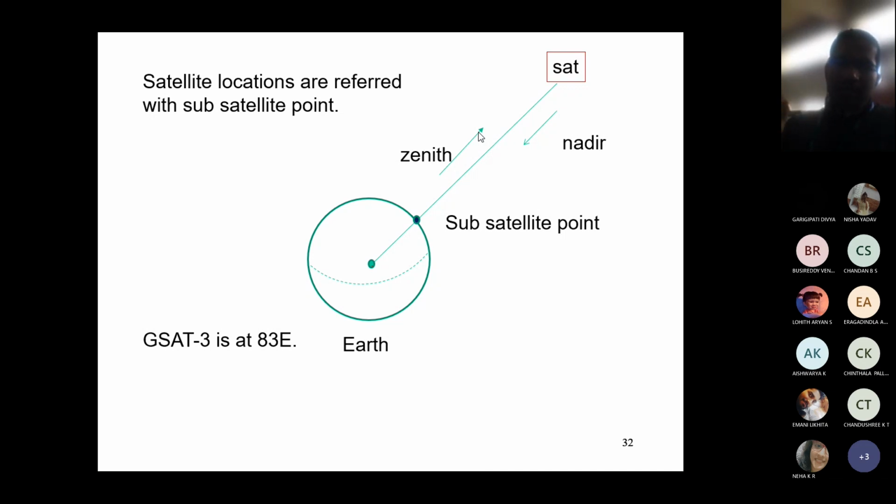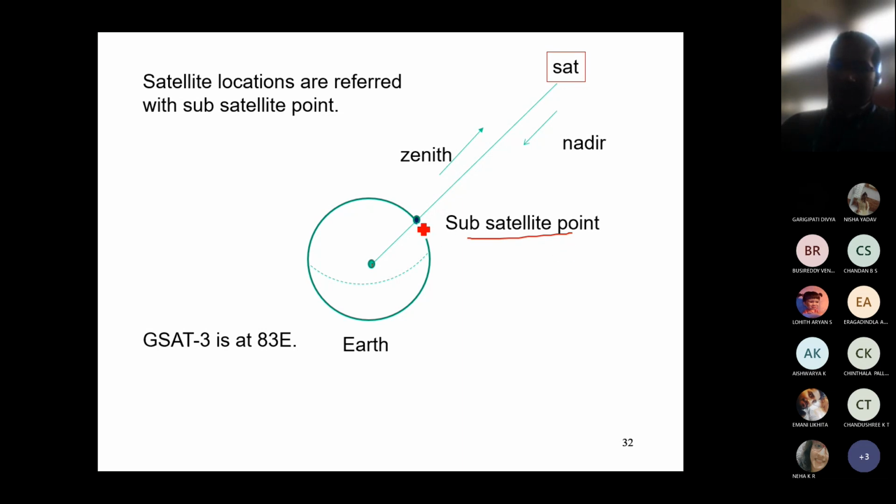Then it is not the latitude and longitude of the satellite, rather it is the latitude and longitude of the sub-satellite point. What we have noted is that the line joining the center of the Earth to the satellite intersects the ground surface at a point. That point is called the sub-satellite point.